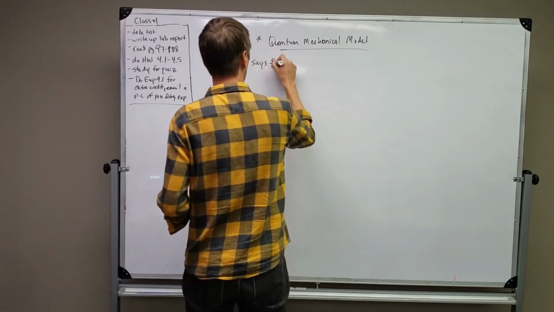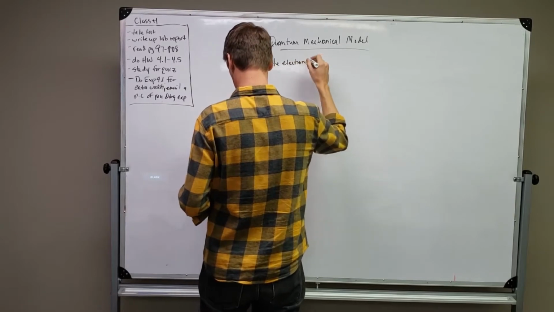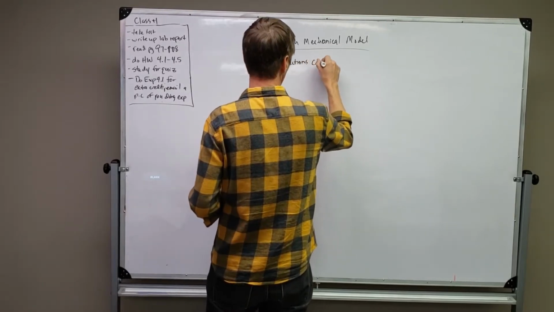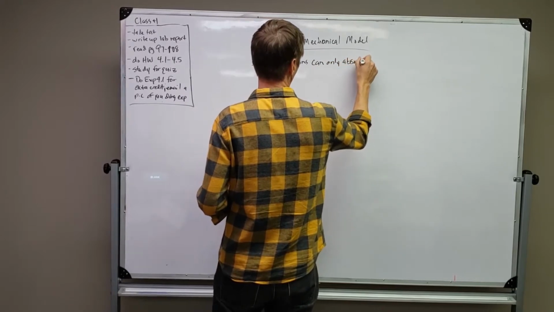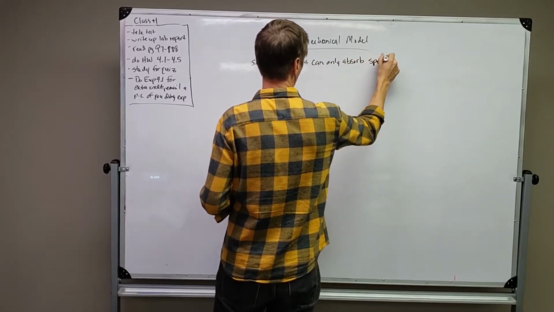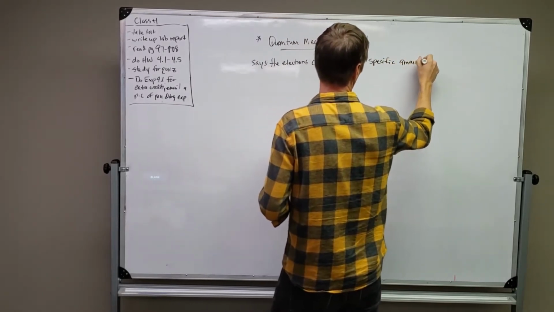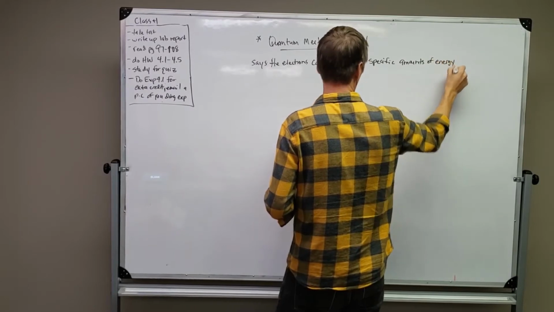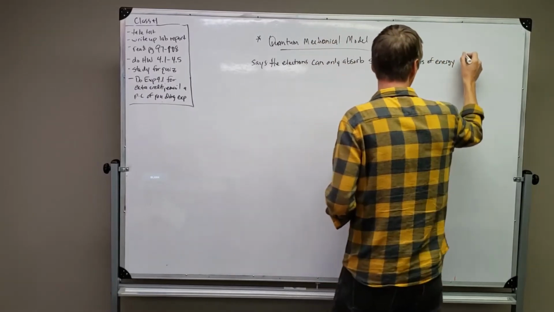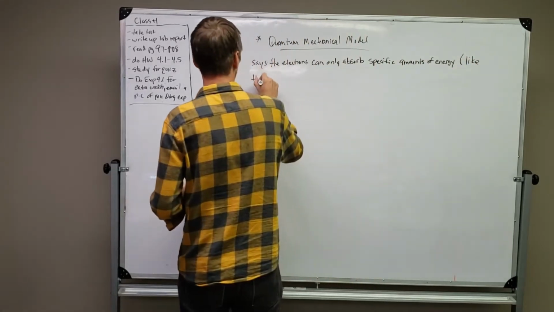It says that the electrons can only absorb specific amounts of energy. That's nothing new. That's like in the Bohr model.